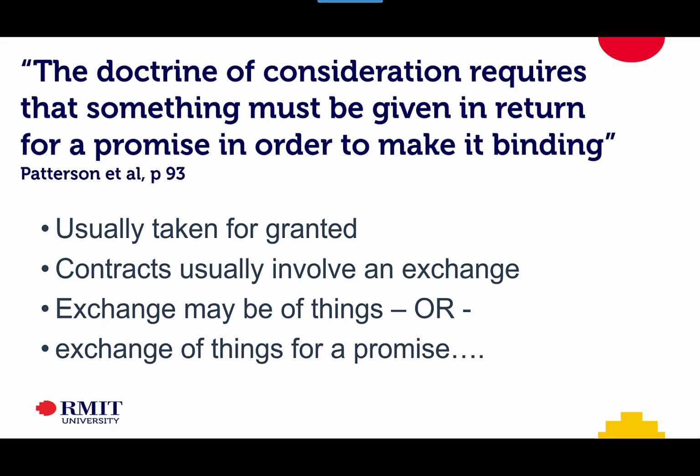Make, hand over the coffee, provide coffee, deliver coffee. What is the purchaser's obligation? Pay money. Okay, so what we've got there is an exchange. So we've got two promises. A promise to deliver coffee that is exchanged for a promise to pay money.